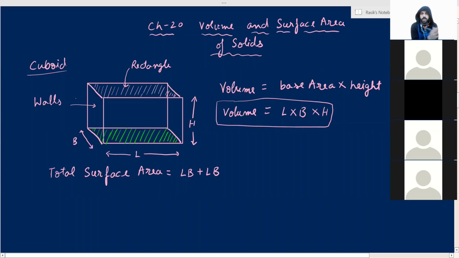So I'm talking about the side walls first. The side walls of the cuboid are also in the shape of a rectangle. So this rectangle has area equal to base into height, BH. Why base into height? Because the dimensions are different. Dimensions of the side walls are different. Right, everyone?